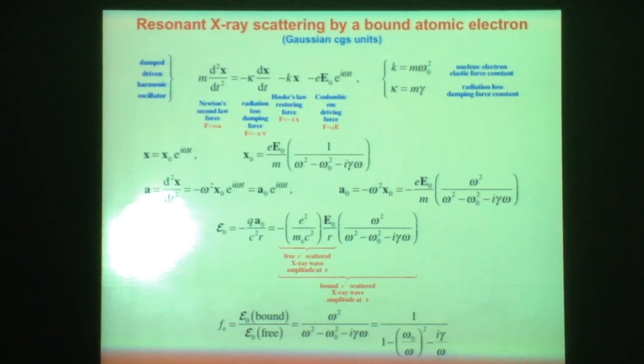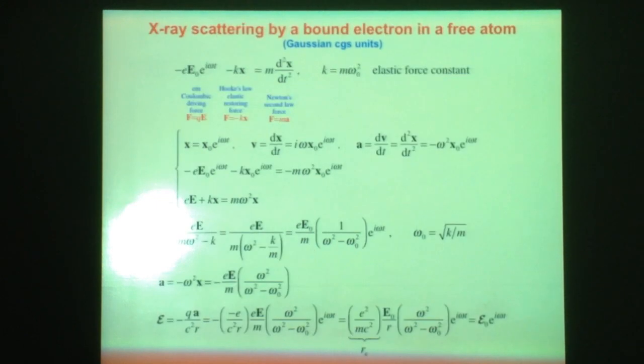Now you have to take it one step further, because if we look at this expression for the scattering by a bound electron, I said that normally the frequency of the radiation greatly exceeds the natural frequency of the electron of interest.